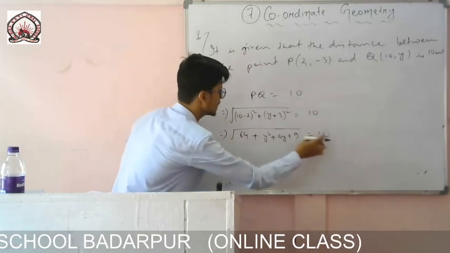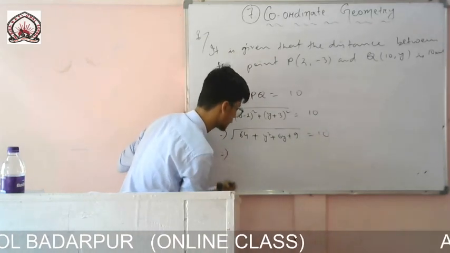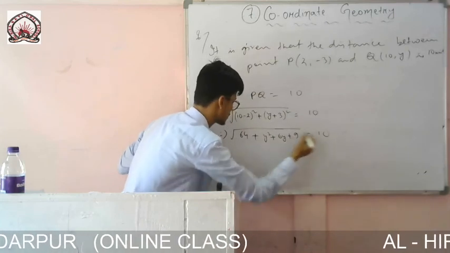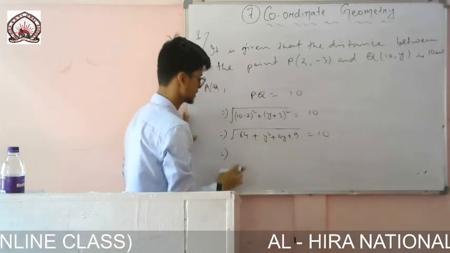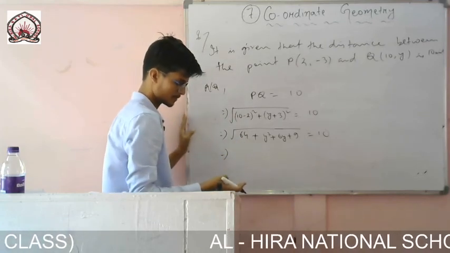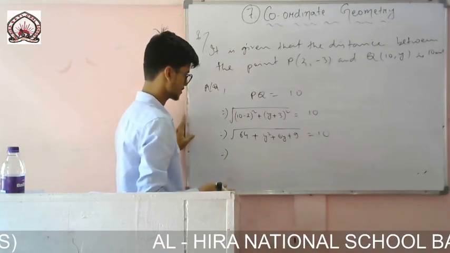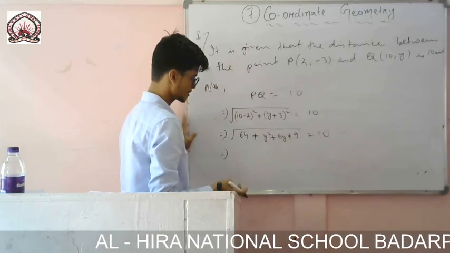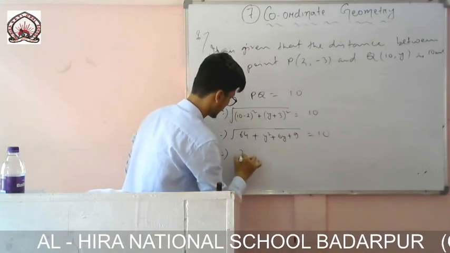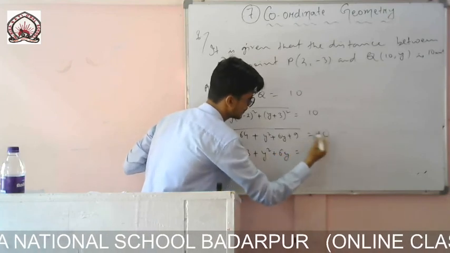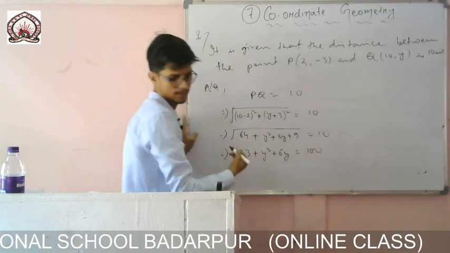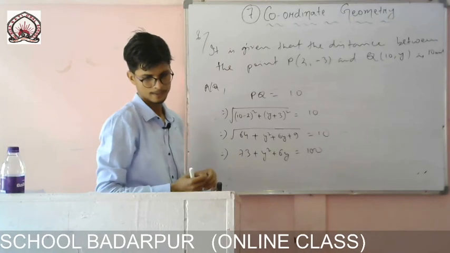Now if I remove the root, if the root goes to this side, then it will be the square. So 64 plus 9 is 73, plus y square plus 6y equals 10 square, which is 100.